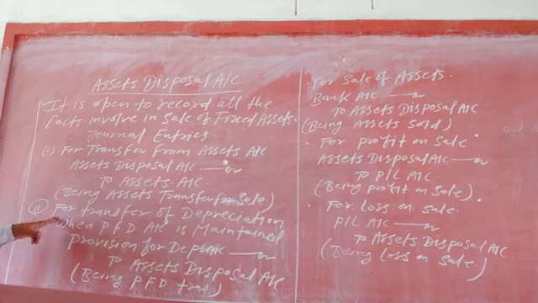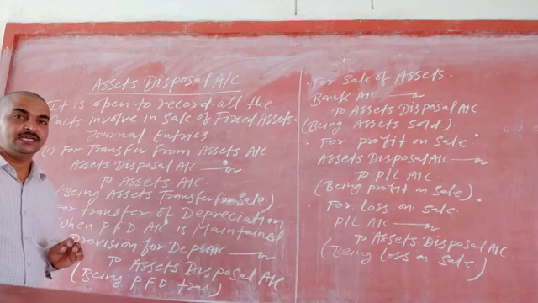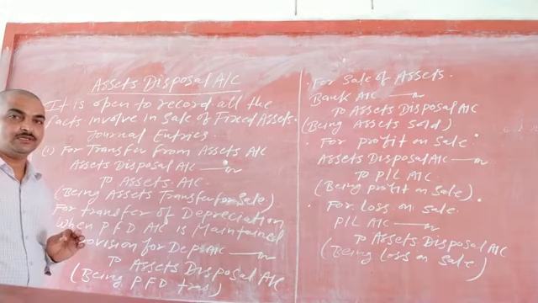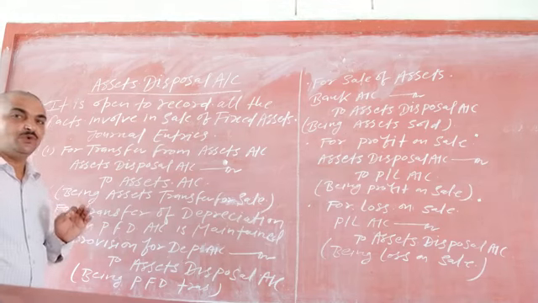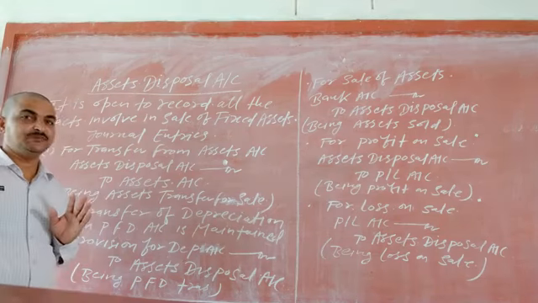Now the second journal entry is for transfer of depreciation in case provision for depreciation is maintained.